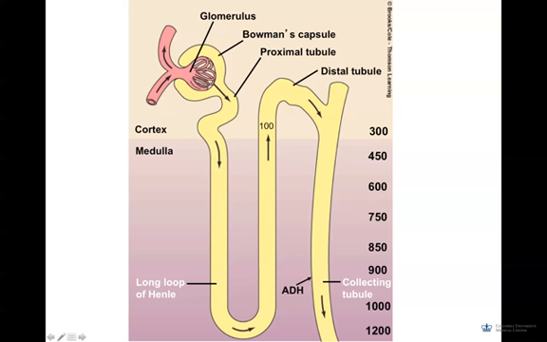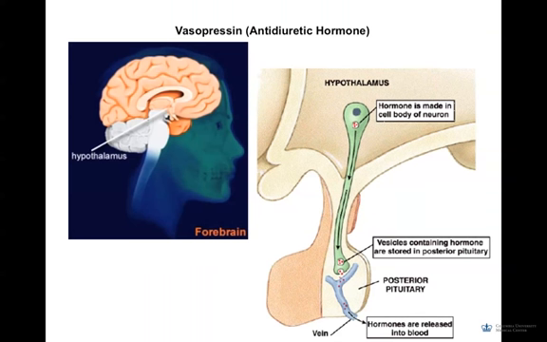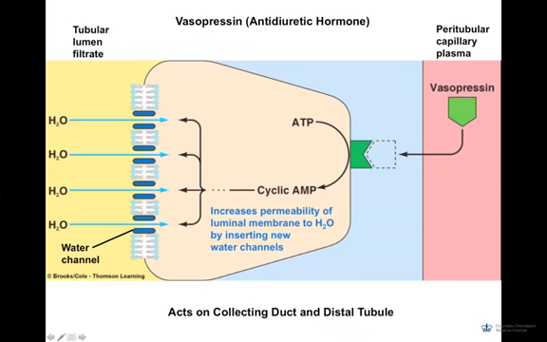So let's look at what that looks like. Vasopressin, or antidiuretic hormone, is a hormone produced by the hypothalamus and released at the posterior pituitary. It travels in the bloodstream and binds to tubular epithelial cells on both the distal tubule and the collecting duct. When it binds to its receptor on those cells, it acts through a second messenger system, elevating levels of cyclic AMP and increasing the insertion of luminal aquaporins.